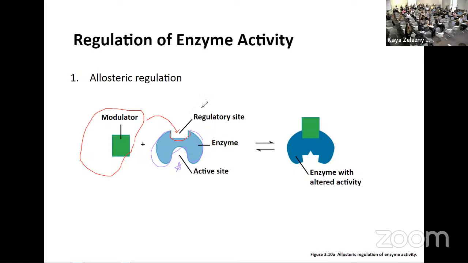Despite the fact that the modulator is somewhere else on the enzyme and not at the active site, that whole ball folded up together is all connected, because we started with that chain. When the modulator binds in, we can have a different shape of our active site. So it may not fit our substrate very well anymore.